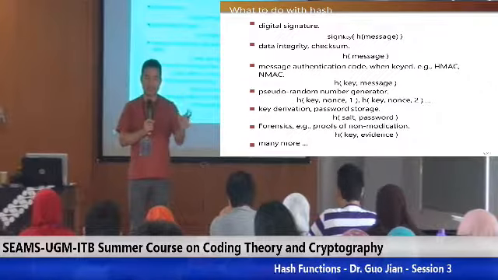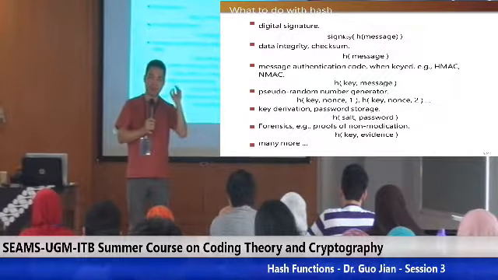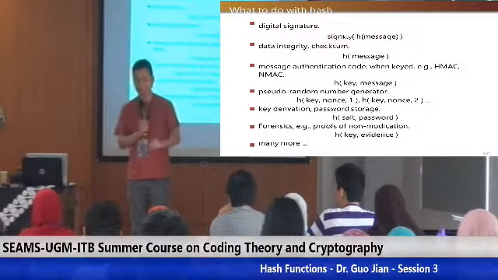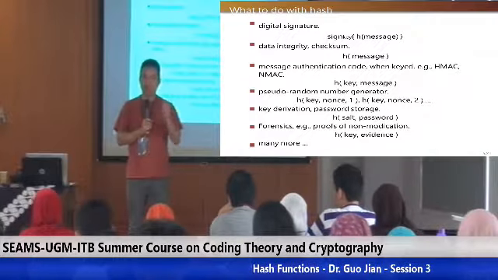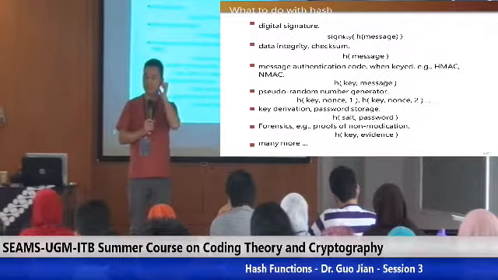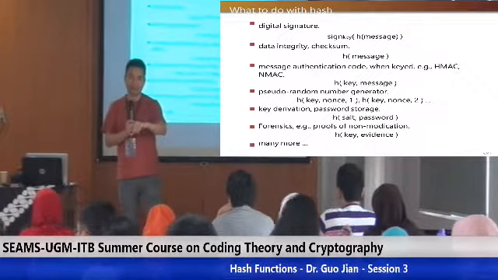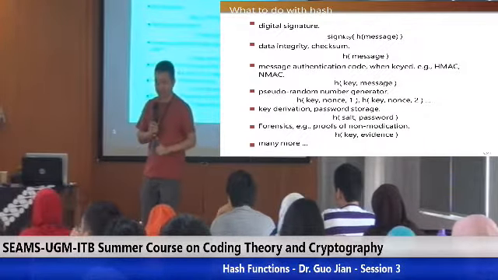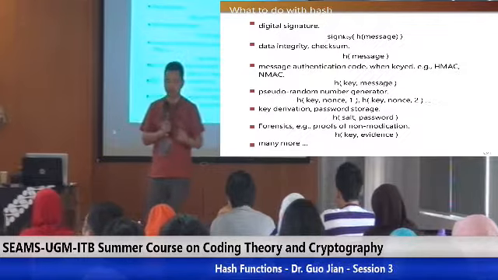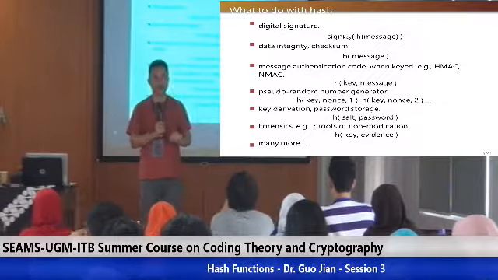So the sender sends the message together with this MAC to the receiver. On receiving the message and the MAC, the receiver computes its own MAC, check against the one sent by the sender.